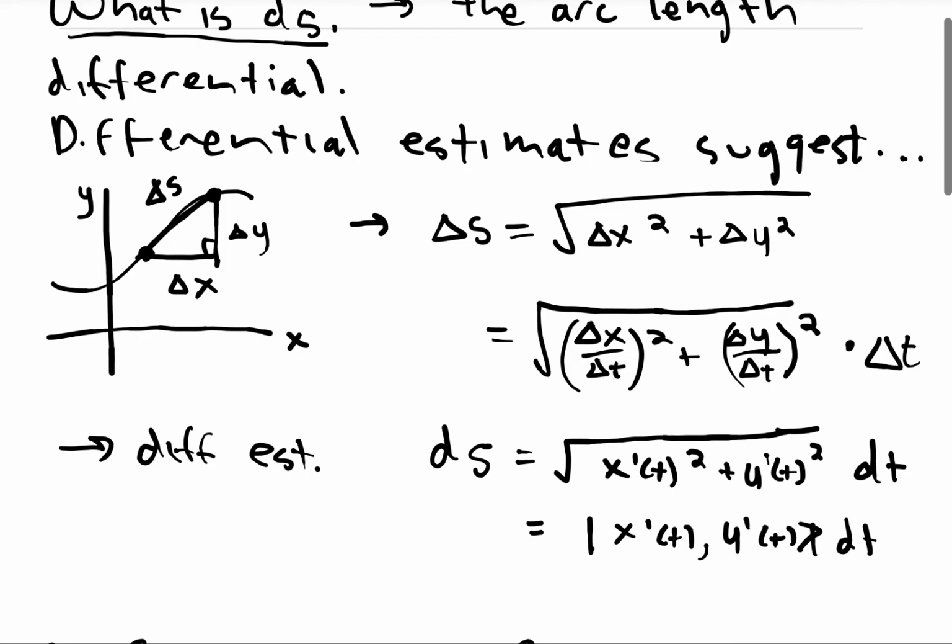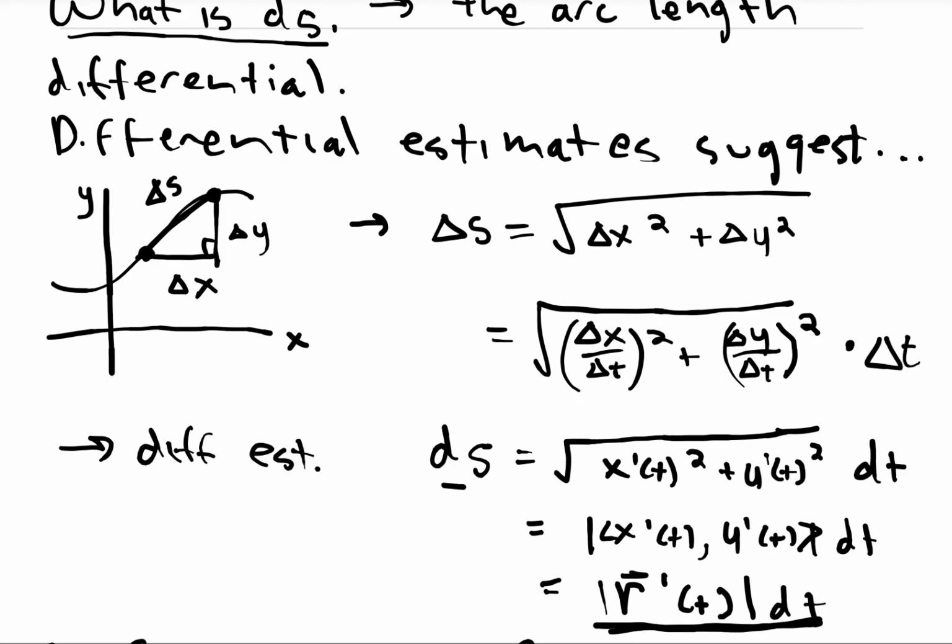The shorthand for this is the derivative of whatever your parameterization was. So this is your conversion factor for your differential. Whatever parameterization you chose, derive it, take a magnitude, slap a dt on the end, and you're good.